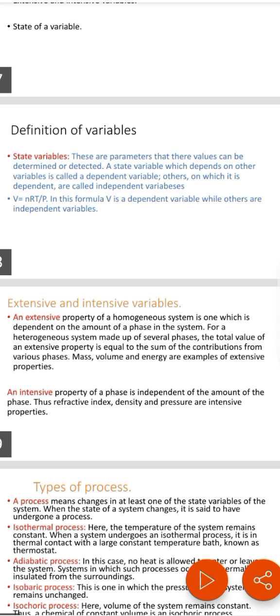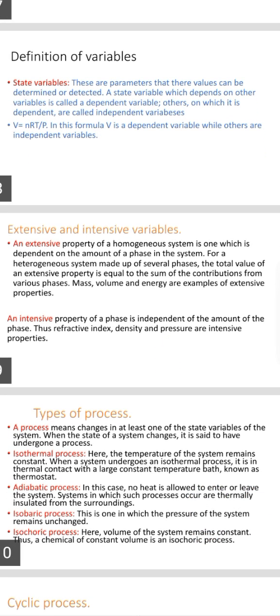While n, R, T, and P are independent variables. If I make P the subject of the formula, I will have P equal to nRT over V. At that point, P will now be the dependent variable, while n, R, T, and V will be the independent variables. So you should try to know the differences between all these.